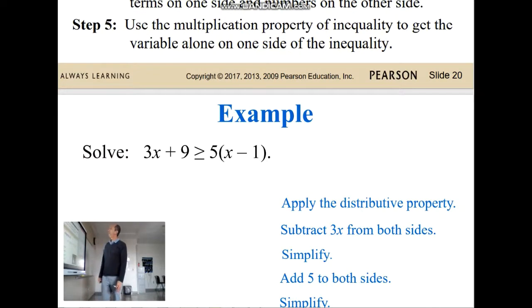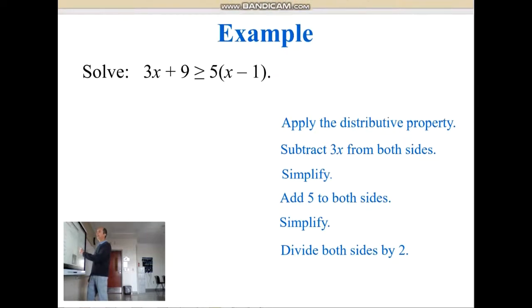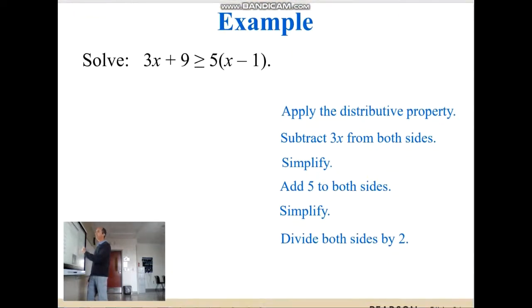And step 5, use the multiplication property of inequality to get the variable alone. Example, and let's do this step by step, really carefully. First, you have 3x plus 9 greater than or equal to 5 times parentheses x minus 1.